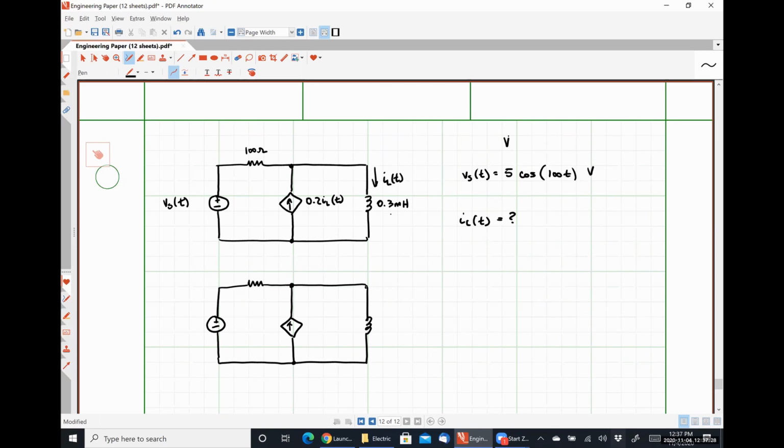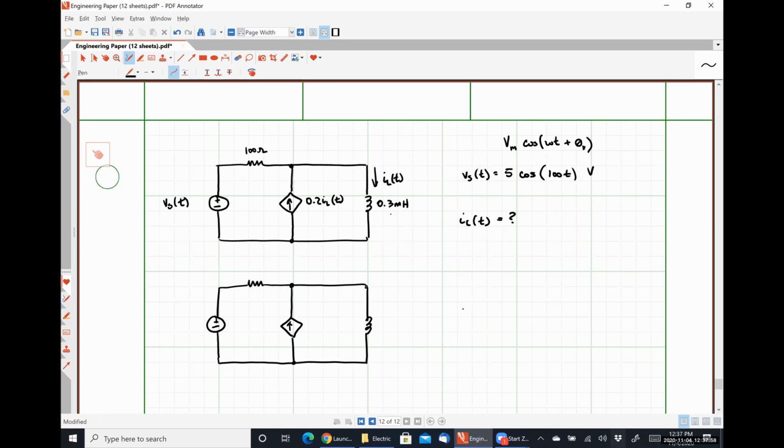So this voltage is of the form Vm cosine omega t plus some particular phase angle, which in this case, let me write that as theta v. Omega is our frequency of interest. So we do know what omega is. It is 100 radians per second. So how can I use that information?